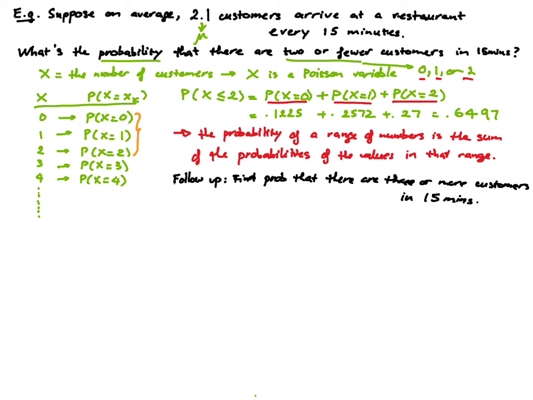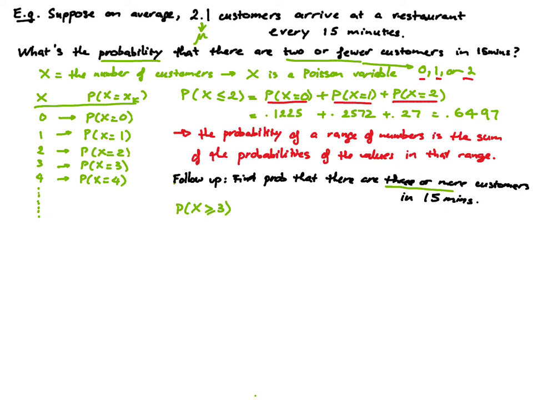Okay. So now let's look at the question and identify the probability that we're looking for. So here we have 3 or more. That means that we want to find the probability that x is greater than or equal to 3. Right? 3 or more means it's 3 or above.